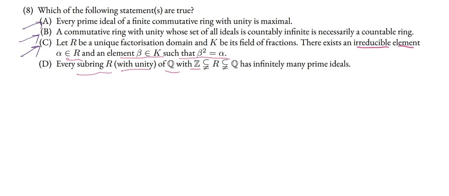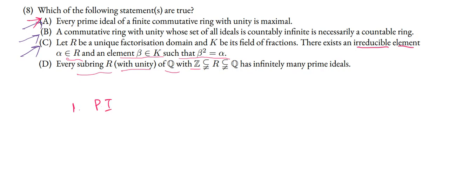So what will be the correct options for this question? Let's check. Most probably A will be the correct option. Now let's see the explanation for that option. So the first concept is the prime ideal.